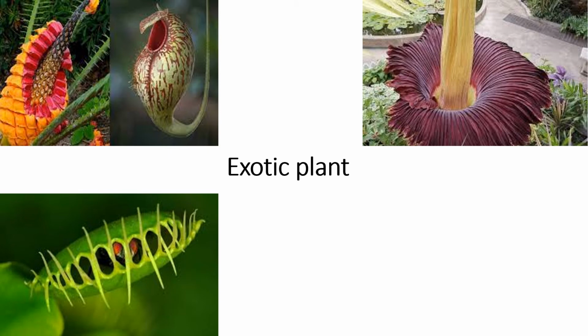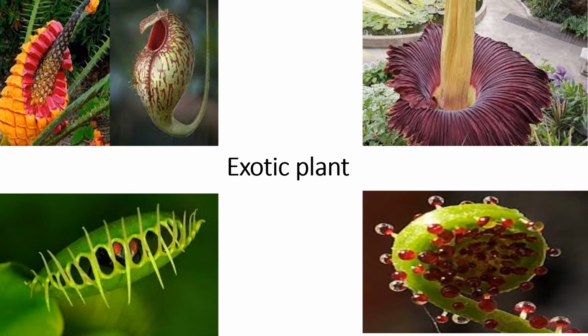Venus flytrap is also not common, so it is considered an exotic plant, because we cannot see this around. We can only find these in the forest, mountains, or rainforest. Next is this one. It's also not common, therefore it's considered an exotic plant. Again, exotic plants are those plants that are not common or very rare.